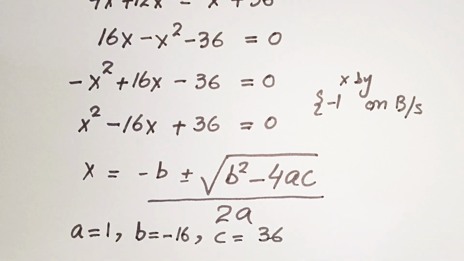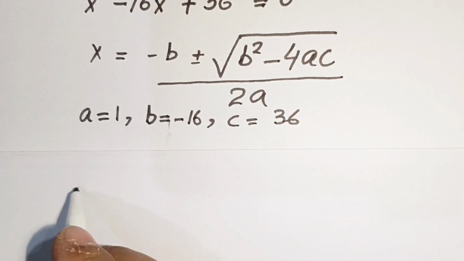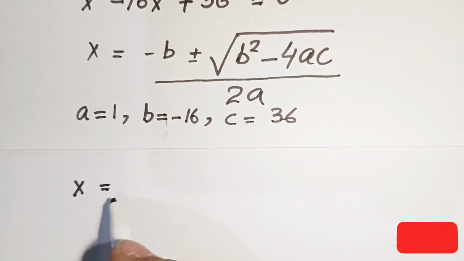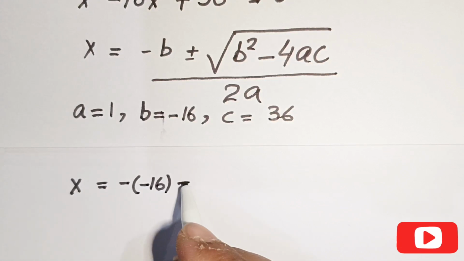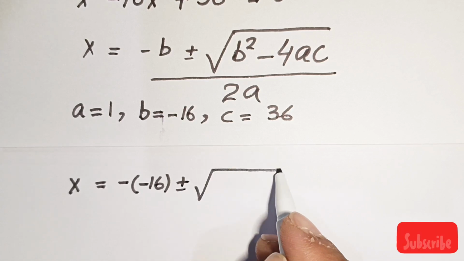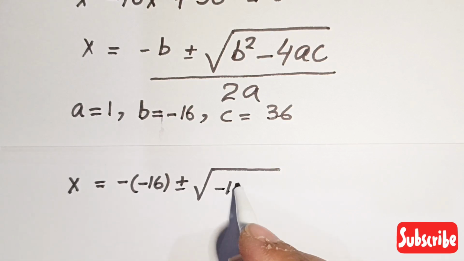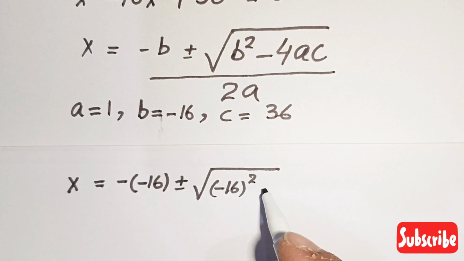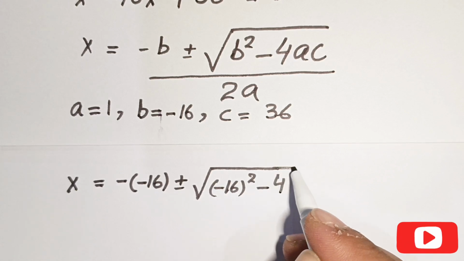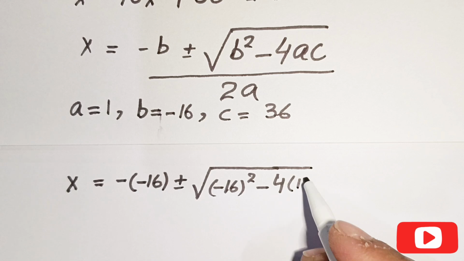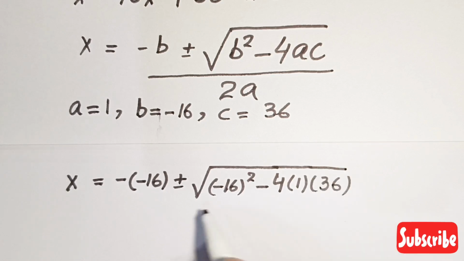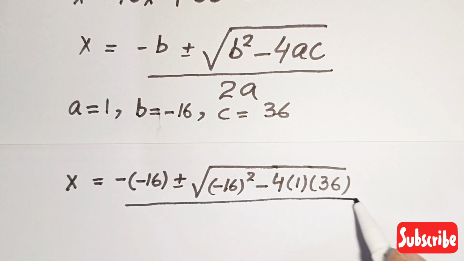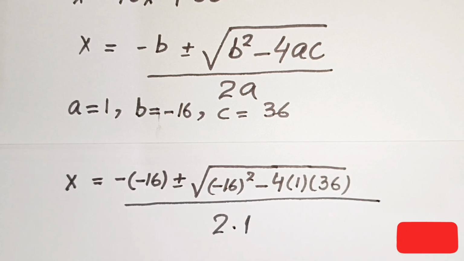Now our next step is putting these values in our formula. x is equal to minus b, b is minus 16, plus minus square root of b squared, which is minus 16 whole squared, minus 4 times a is 1 and c is 36, all over 2 times a is 1.